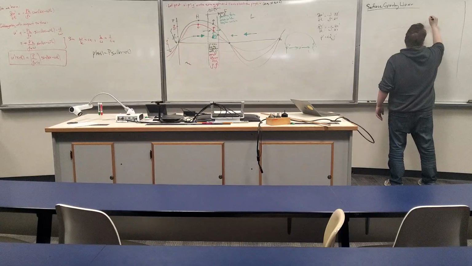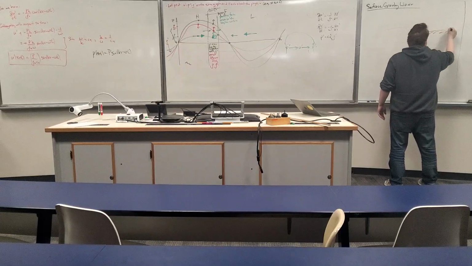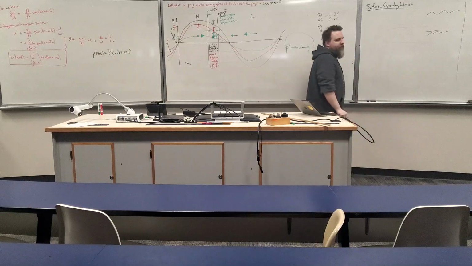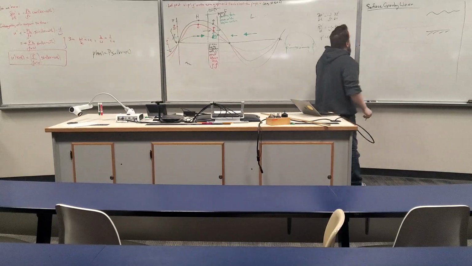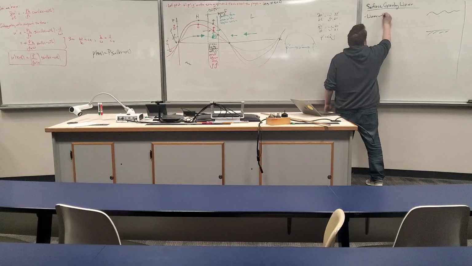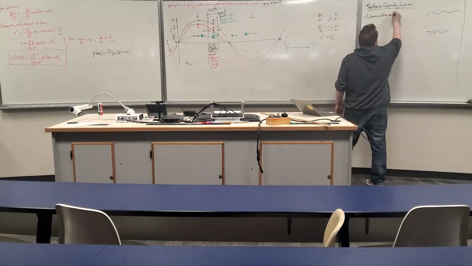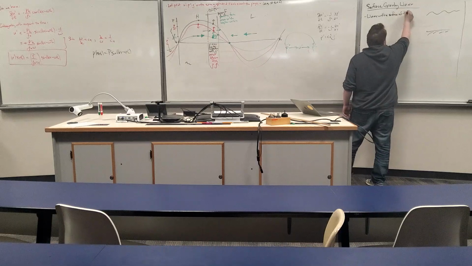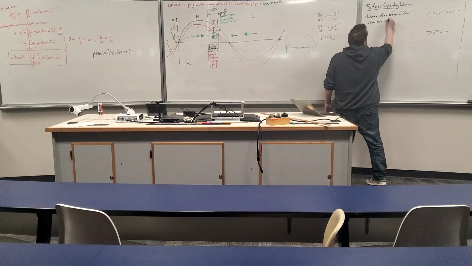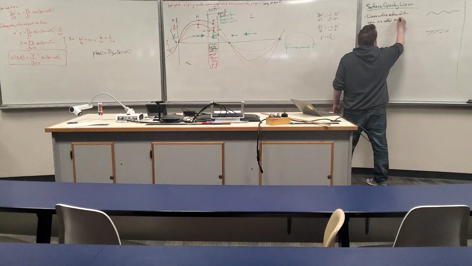So these are waves that we normally see along the ocean. These everyday waves we've all seen from a boat or on a dock or whatever. So waves on the surface of the ocean are called surface gravity waves.